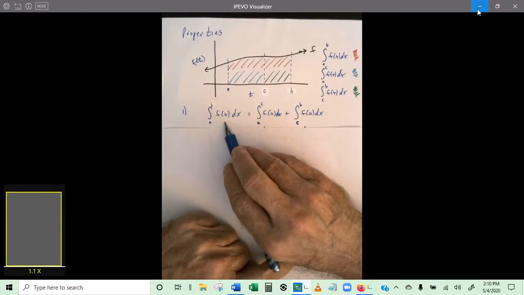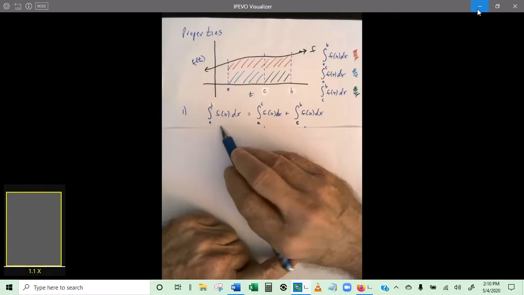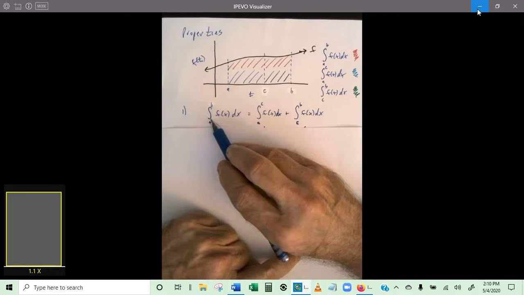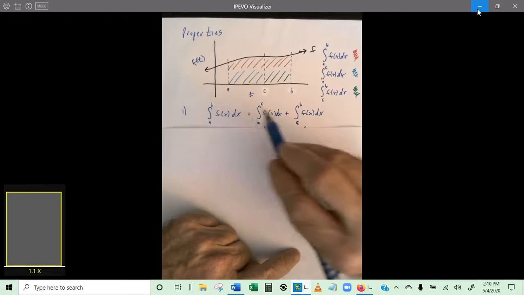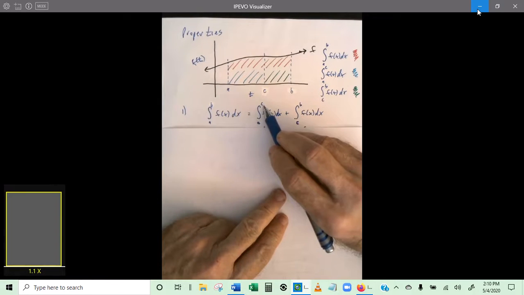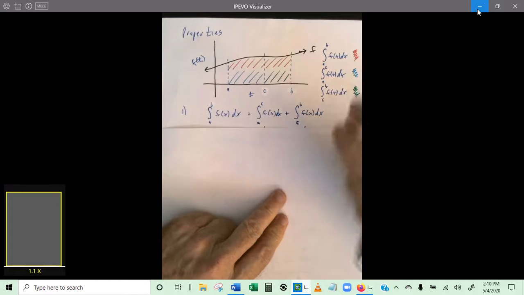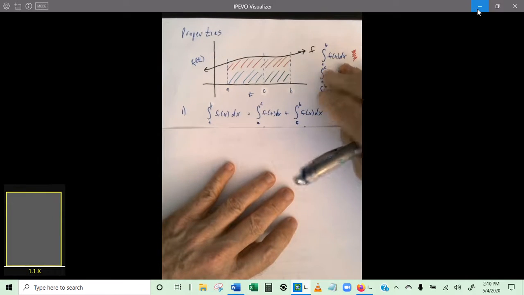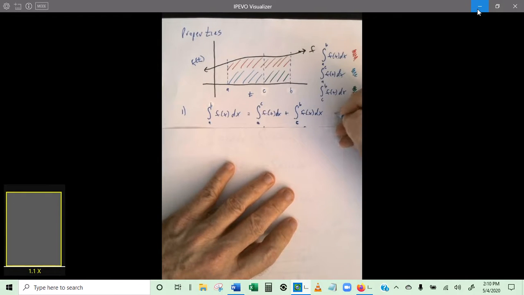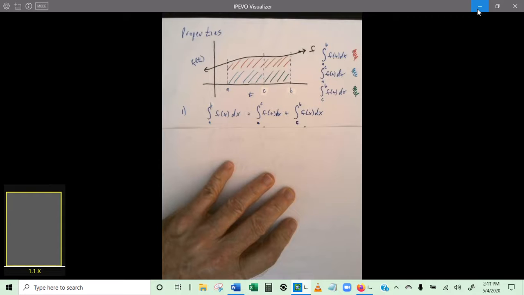This is property or characteristic number one of integrals, and that is that the integral from A to B is equal to the integral from A to C plus the integral from C to B, under the condition that the point C is between A and B, right?